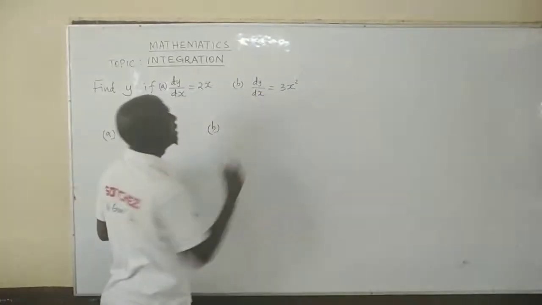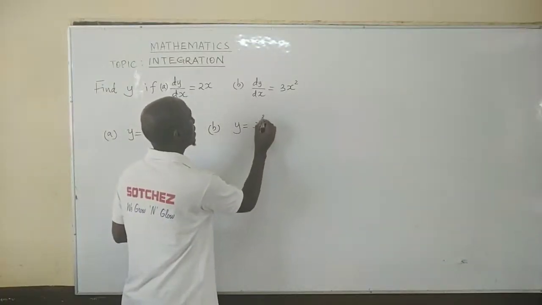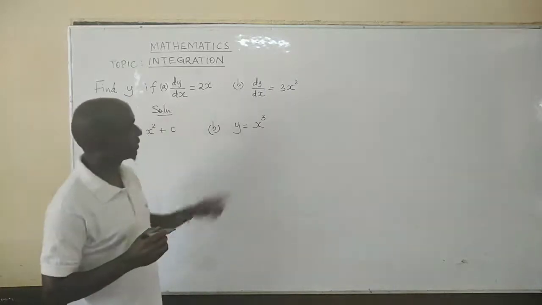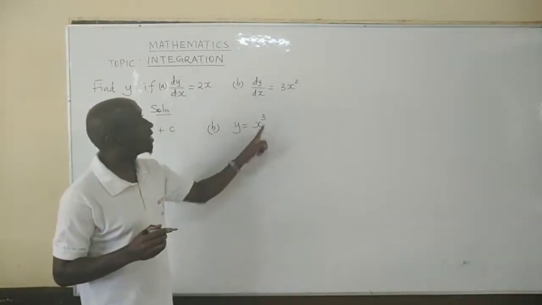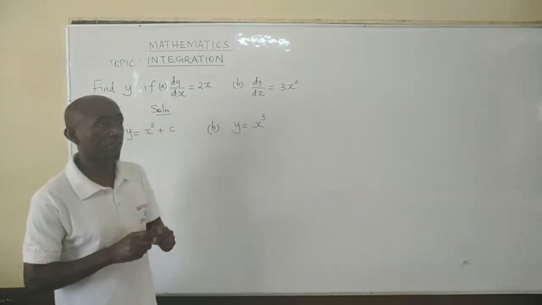For the second one, what did we differentiate to get 3x squared? If you remember, we differentiated y is equal to x cubed. If you differentiate this, you will get 3x squared. Remember the process of differentiation?